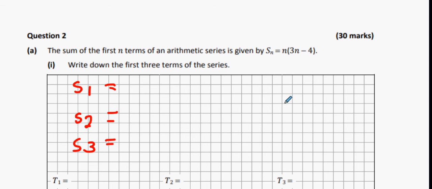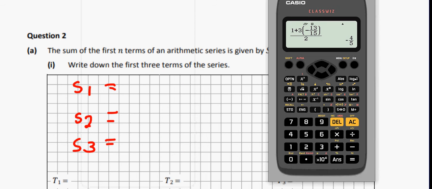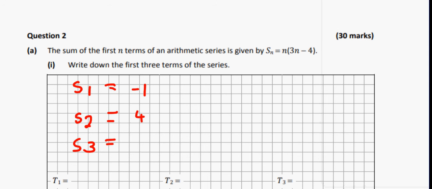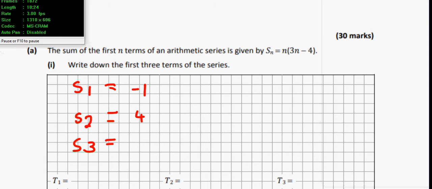You can do this on your table function really quickly: modes, calculator, and instead of n, we'll do x into 3x minus 4. So S1 is minus 1, S2 is 4, and finally S3 is 15.